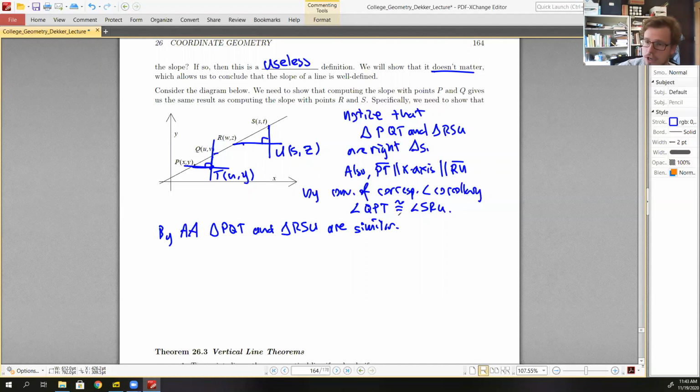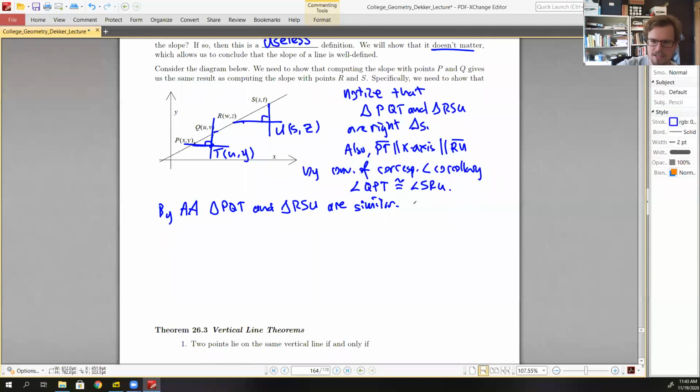Of course, I could have used appropriate notation to write that in a shorter manner. But that tells us that QT divided by SU is equal to PT divided by RU.